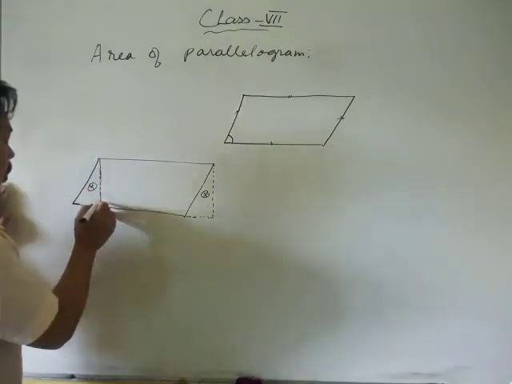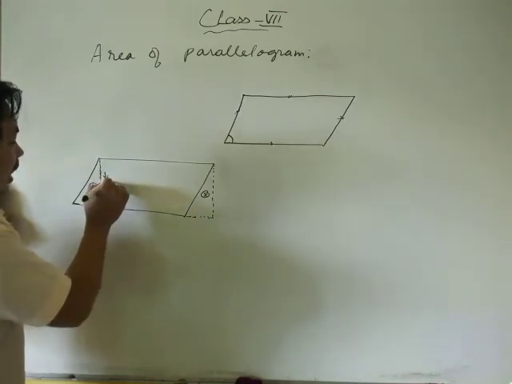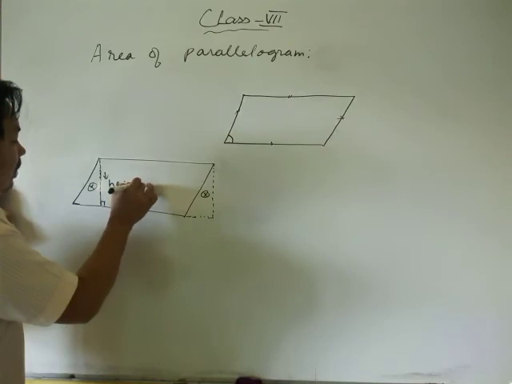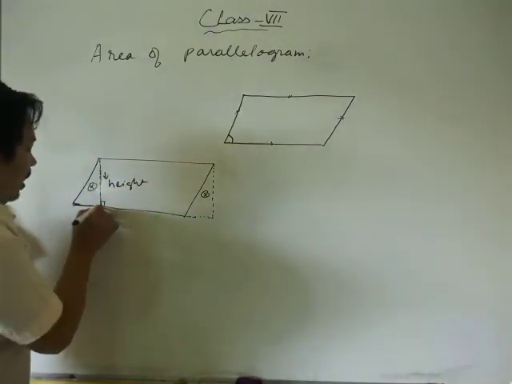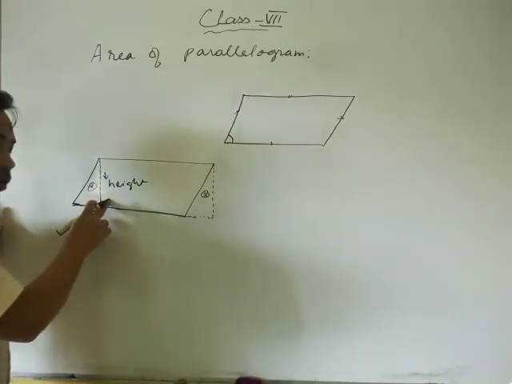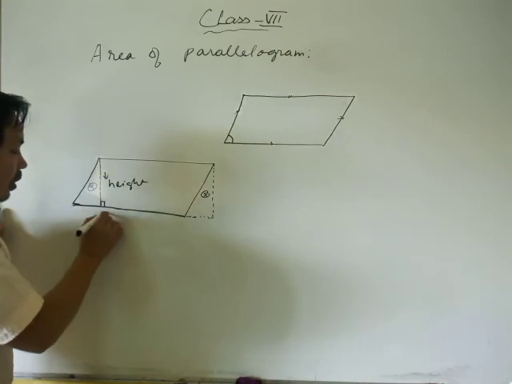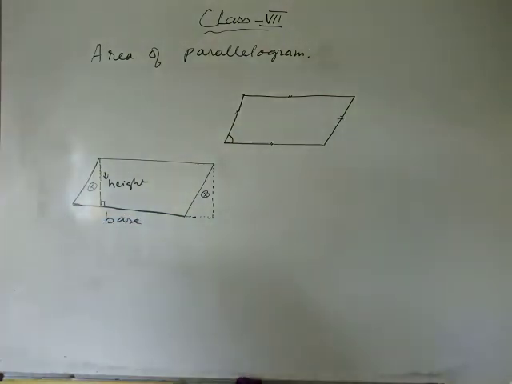Rectangle. So, what is this line dropping here called? It's called height. Height of the parallelogram, and the line on which the foot of the height falls is called base. Okay, yes.